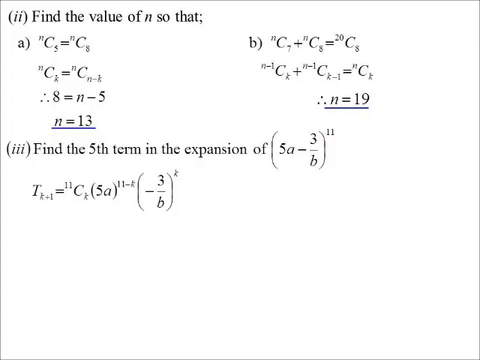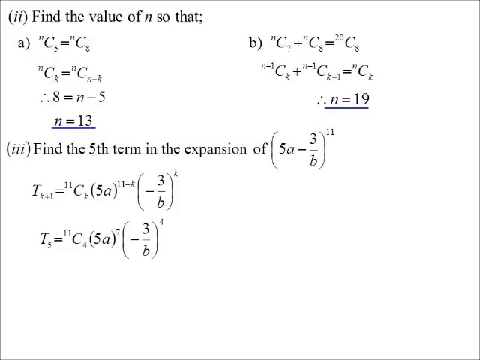The general term becomes 11Ck, minus 3b to the power of k, which means 5a is to the power of 11 minus k. Notice that's term k plus 1, because the first term would be when k is equal to 0. So I always label it term k plus 1. We want the 5th term, so that'll be when k is 4.